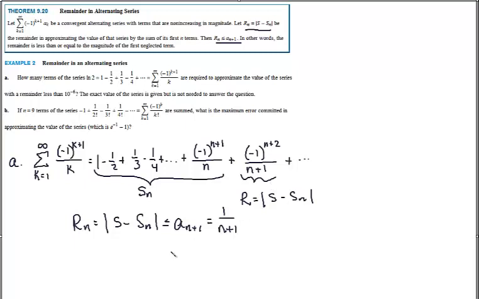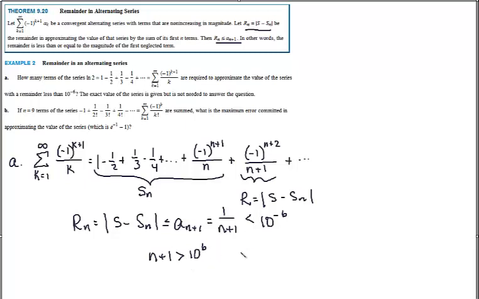And if we need to make sure that our remainder is less than 10 to the minus 6, now what we need to do is solve for n. And looking at this, I can say that n plus 1 has got to be greater than or equal to 10 to the 6, just flipping both sides.